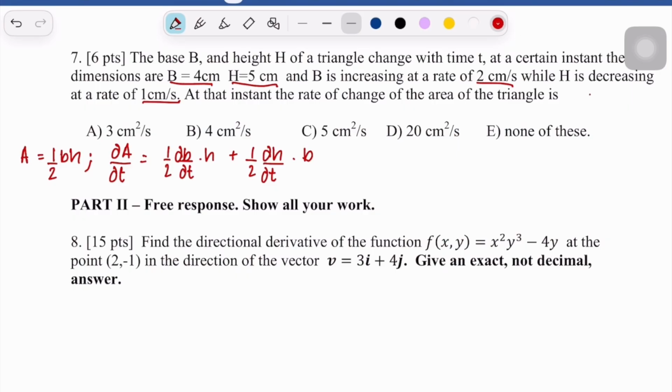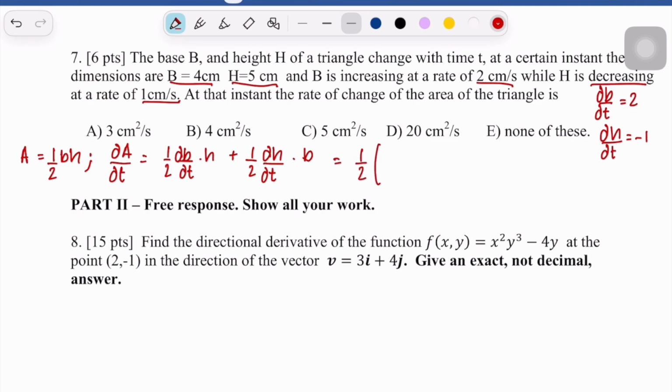We know that db/dt is 2 and dh/dt is -1 since it's decreasing. Okay, so we just plug that in here.